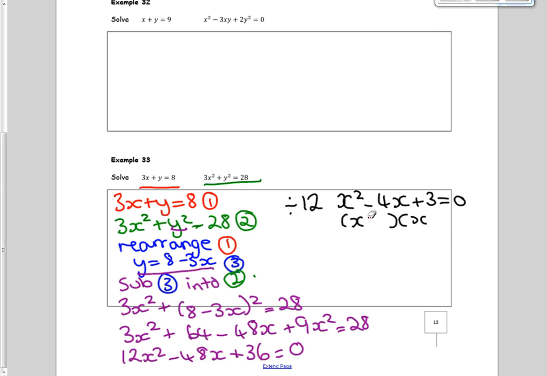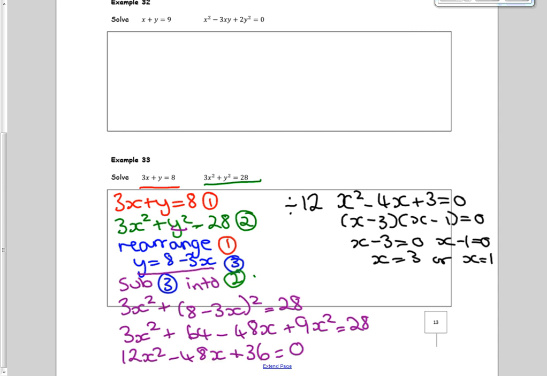So that will give me x minus 3 and x minus 1 equals 0. So that means that either my x minus 3 equals 0 or my x minus 1 equals 0, which gives me the two x values, x equals 3 or x equals 1.